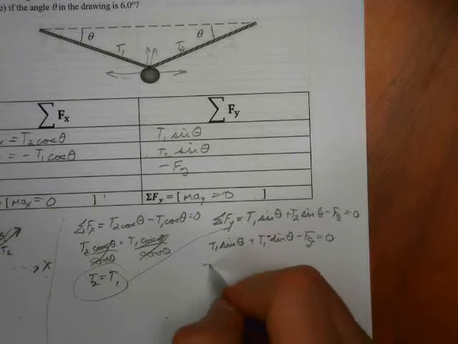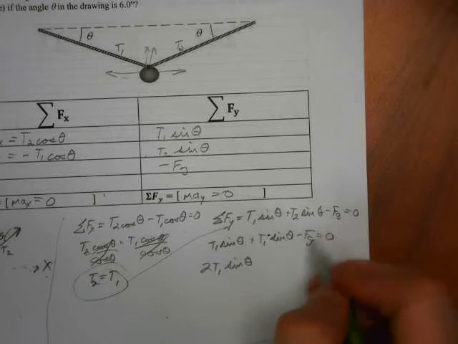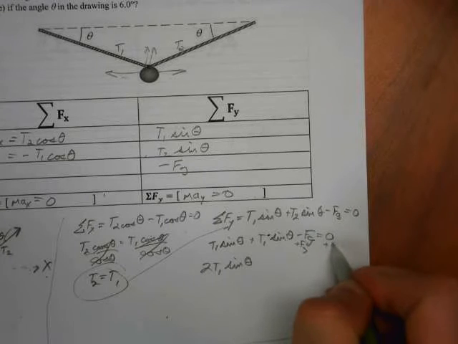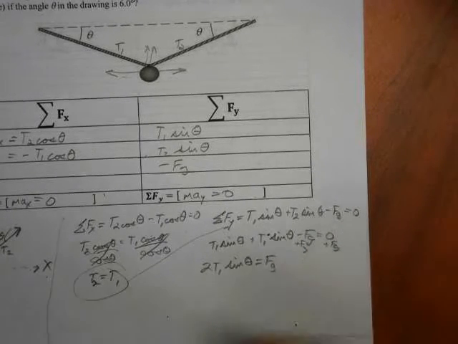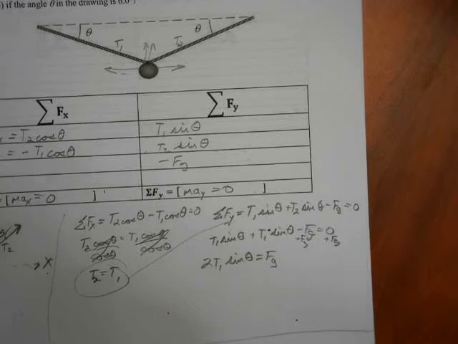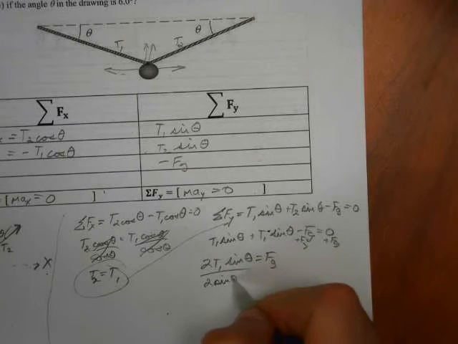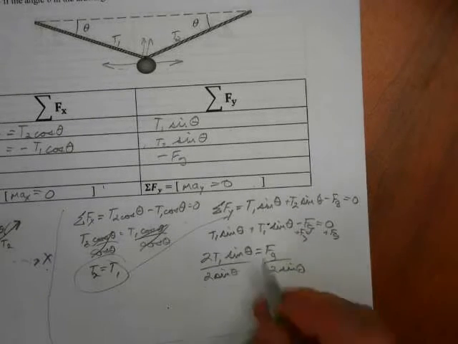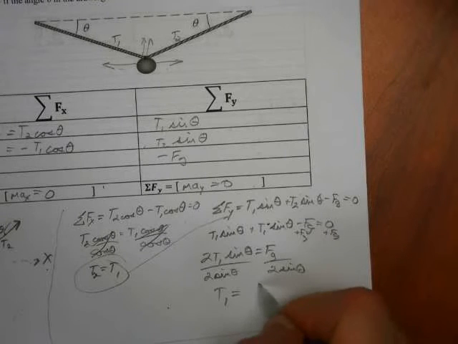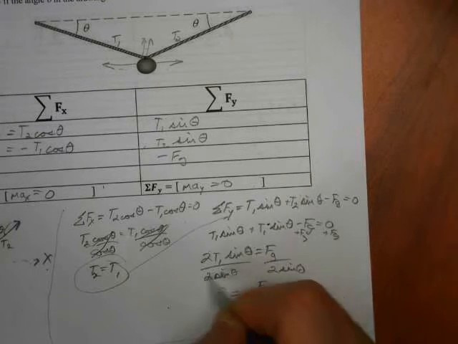Or 2T1 sine of theta, I'm going to add FG to each side of the equation. So this equals FG. And I can divide each side by 2 sine of theta. And then T1 equals FG over 2 sine of theta, because these cancel out.